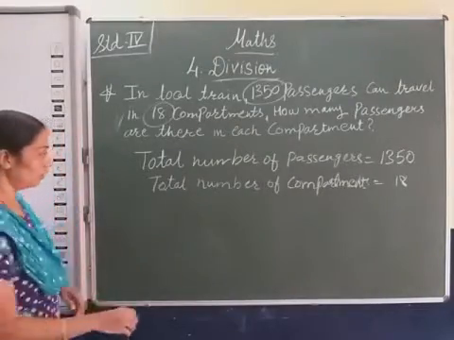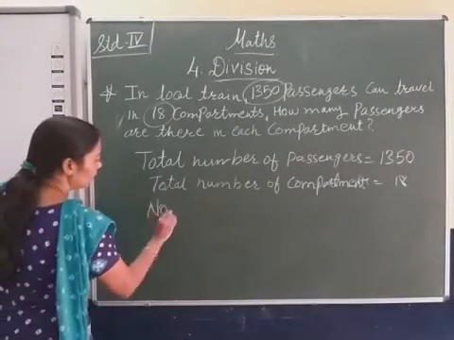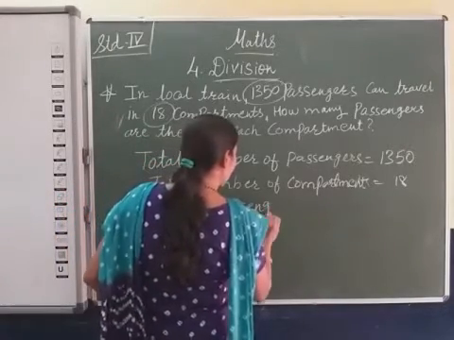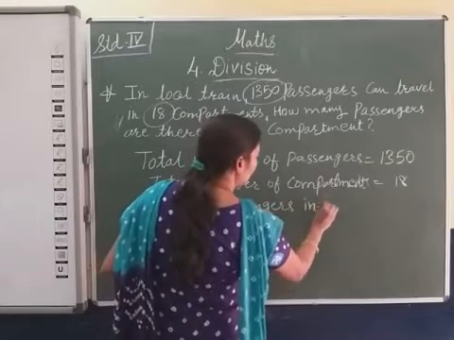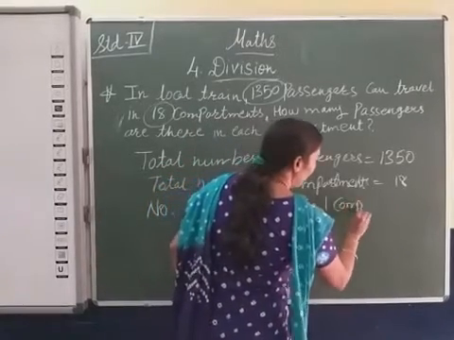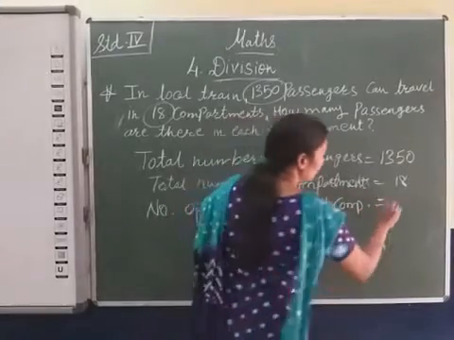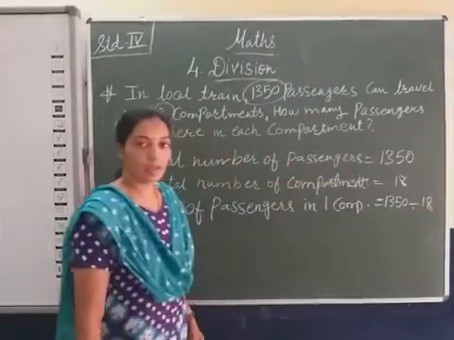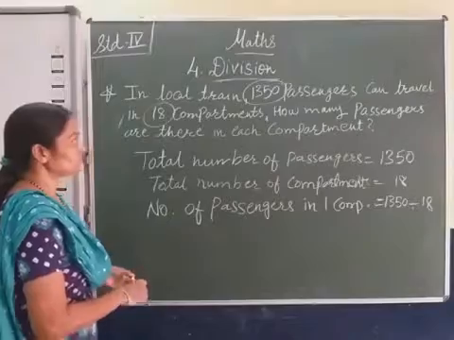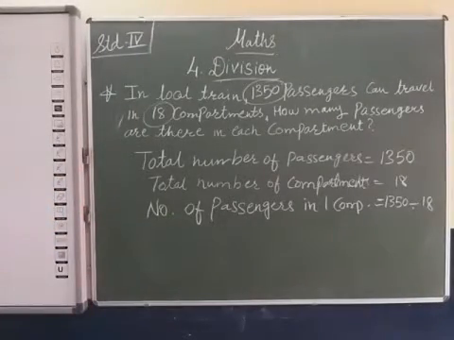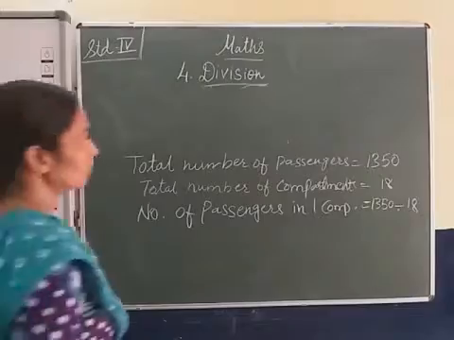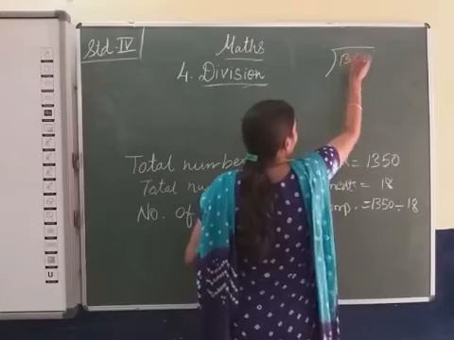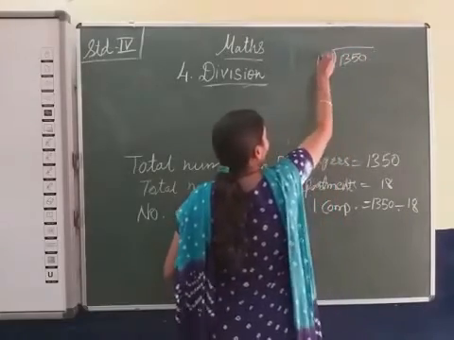Now we find out the number of passengers in one compartment, which is equal to 1350 divided by 18. Yes, now we divide this. 1350 divided by 18.